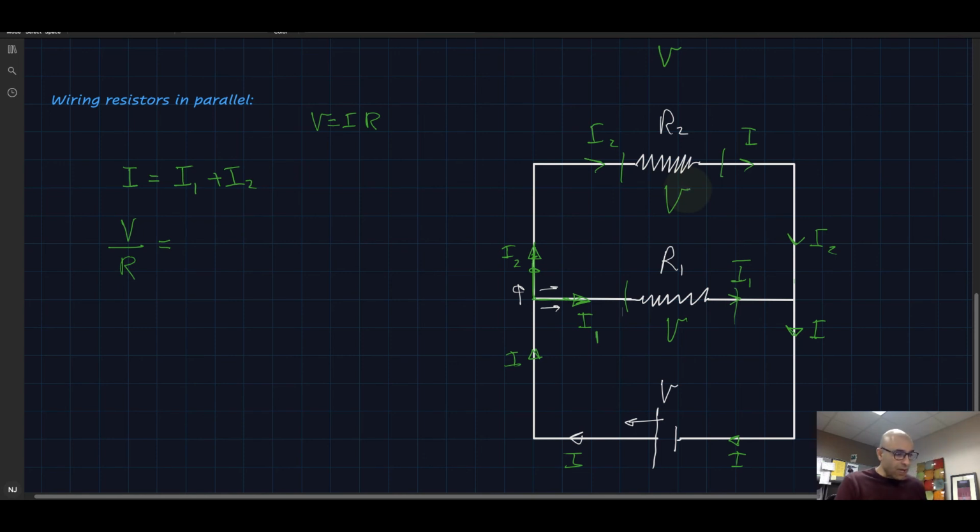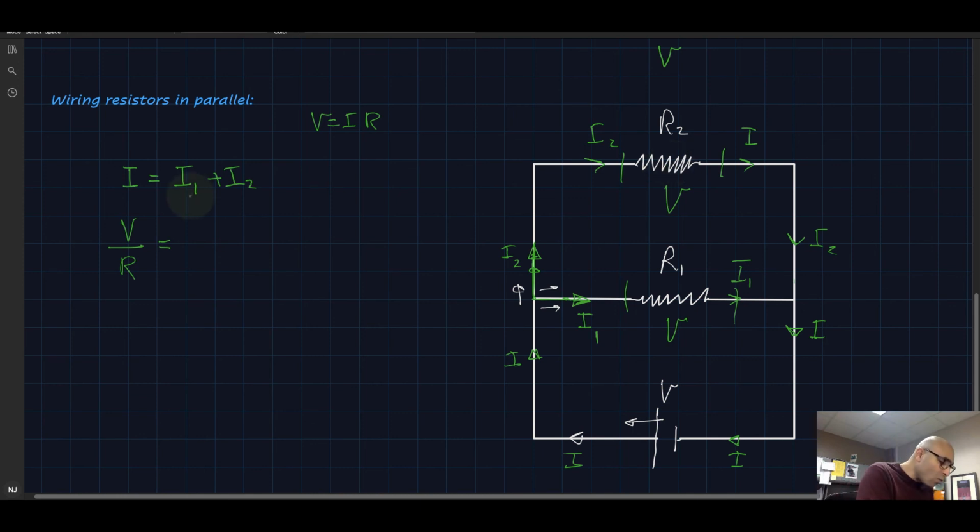All of them are in the same kind of rows. So this is row number 1, row number 2, row number 3. Row number 1 has the voltage of the battery, which is V. Then row number 2 must have the same voltage, and row number 3 must have the same voltage as well.